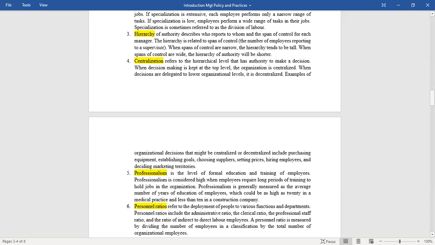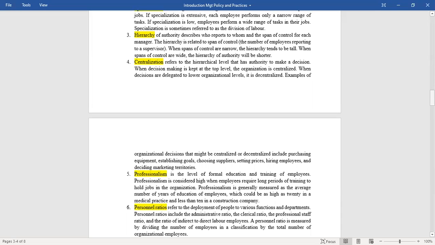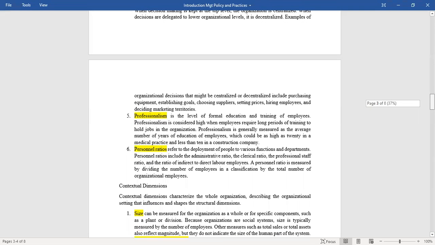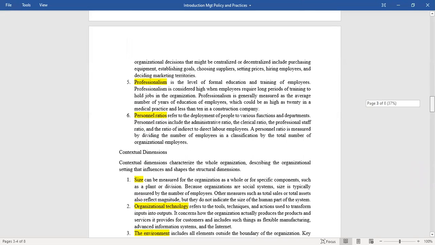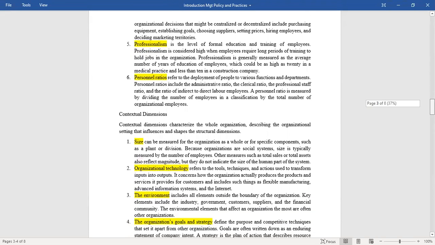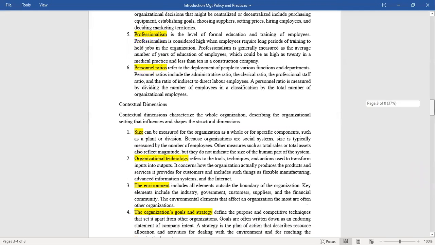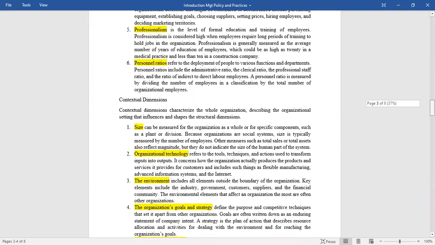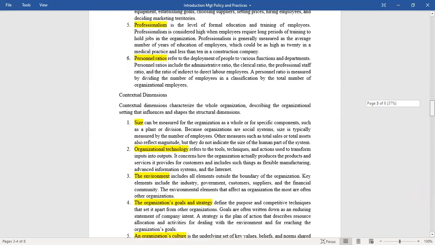So personnel ratios are also calculated again depending upon the requirement of the different departments. Personnel ratios include the administrative ratio, the clerical ratio, the professional staff ratio, and the ratio of indirect to direct labor employees. A personnel ratio is measured by dividing the number of employees in a classification by the total number of organizational employees.